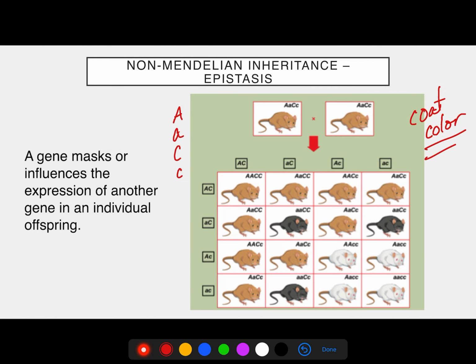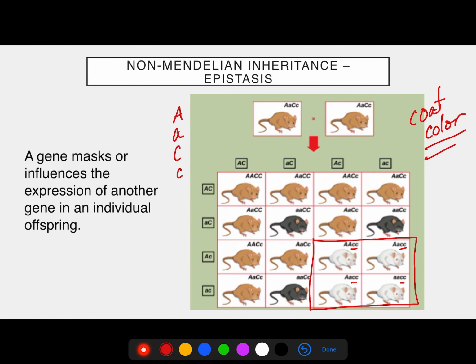And for the coat color, you're trying to figure out what's epistatic to the other thing, what is the one that causes the other one to be affected? If you look at these little white mice, see how they all have lowercase c? Then they don't have a gene that can say, hey, you need a coat color.